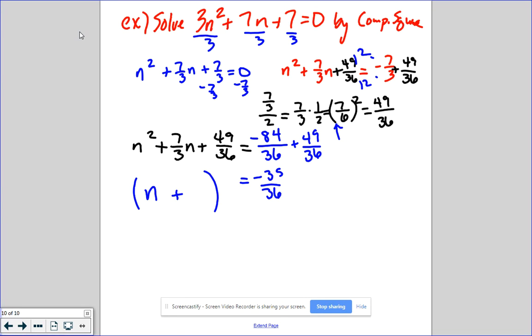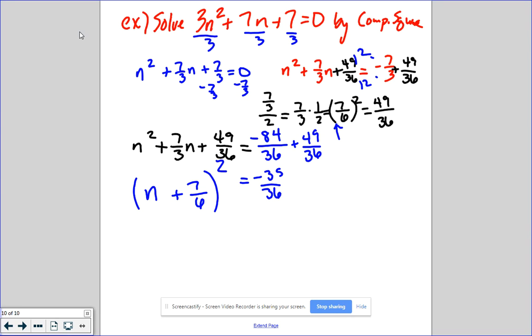So that is going to work every single time with completing the square. It's always going to factor to whatever your b divided by 2 is to start, and it takes the sign of b over 2.